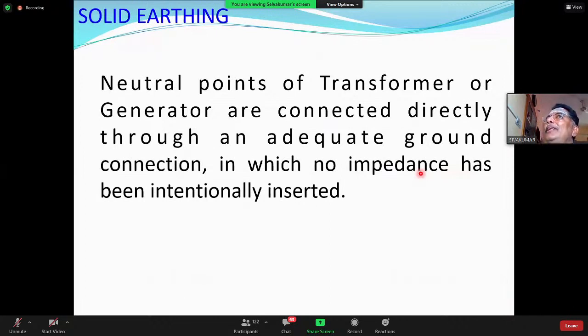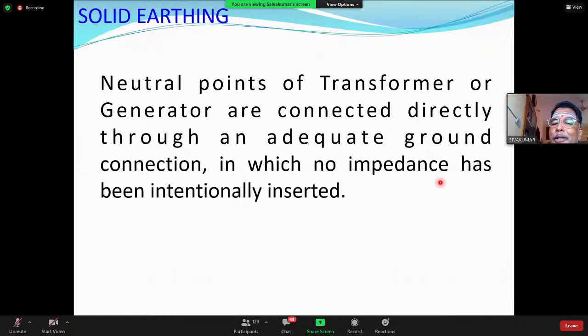Generally in LV, in Indian installations, the transformer neutral or generator neutral is connected using a copper, aluminum or steel bar, whatever it is, to the earth pit, the earth electrode. We connect it as directly as possible using a proper conductor of negligible resistance or negligible impedance. This is called solid earthing.